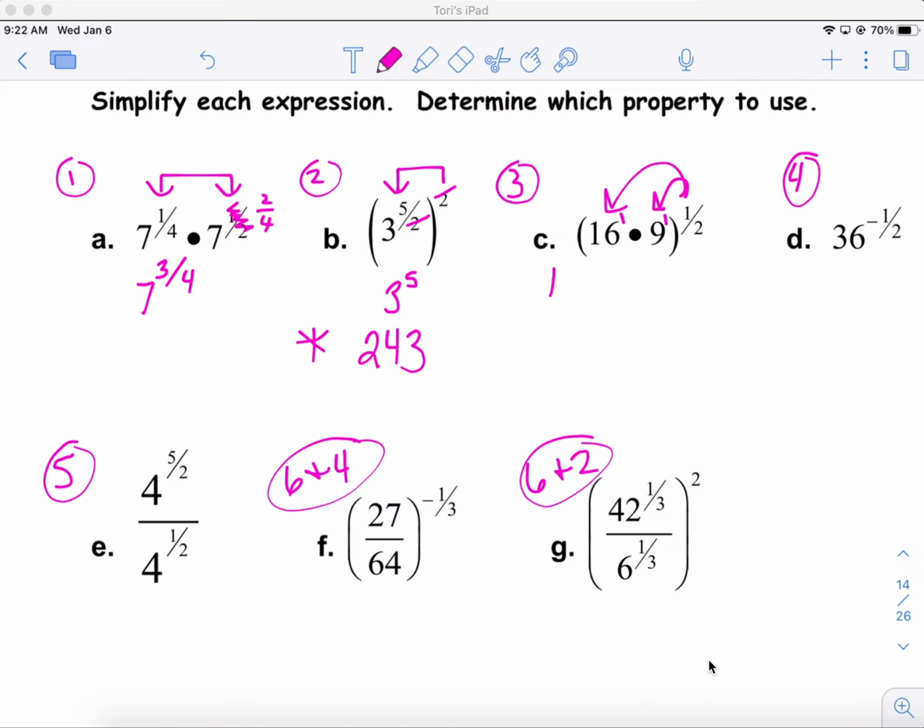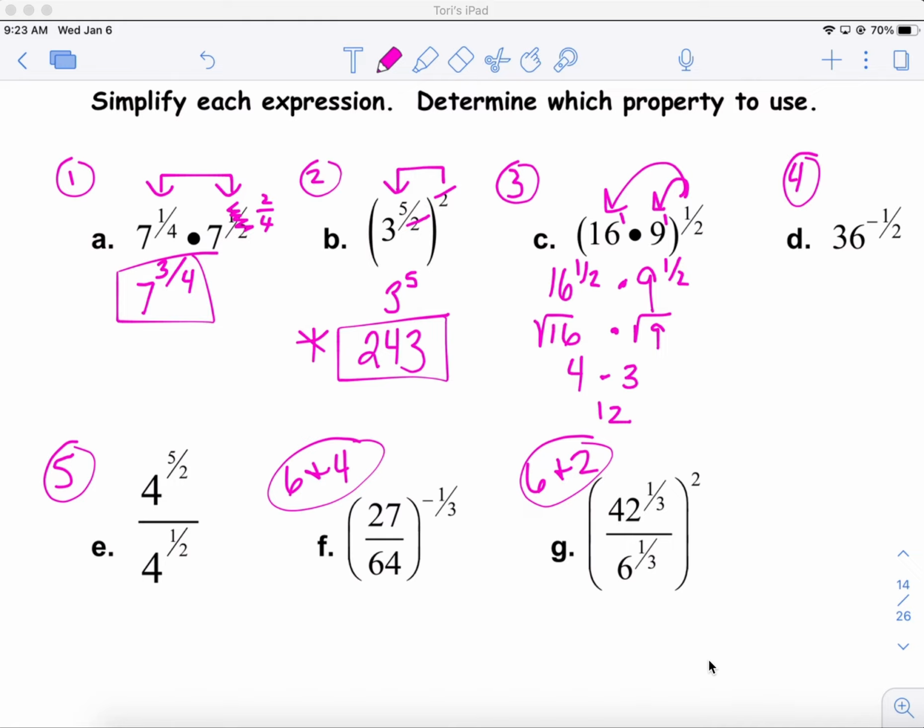So I'm going to do 16, multiply my exponents, 1 times 1/2. Second one, 9 to the 1/2 power. We know that 1/2 is the same as a square root, so I'm saying the square root of 16 times the square root of 9. Square root of 16 is 4. Square root of 9 is 3, which means my final answer is 12. I guess I could box these for you so you know when we're done.